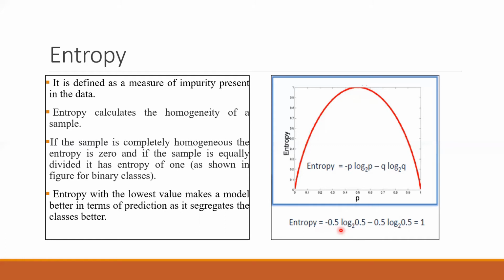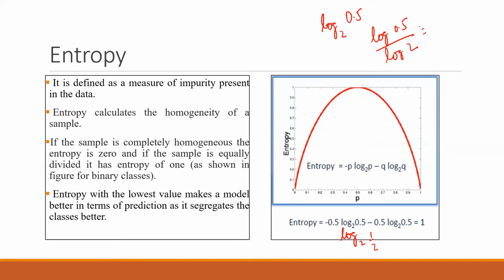If you want the mathematics, it can be solved like this. One second, I will solve this equation for you so that you have a better understanding. When we say log2 0.5, 0.5 means 1 by 2. So the value of log2 0.5 will be log of 0.5 divided by log of 2, right?